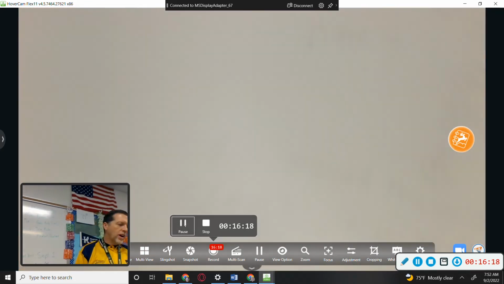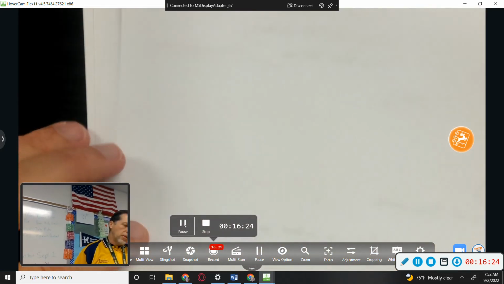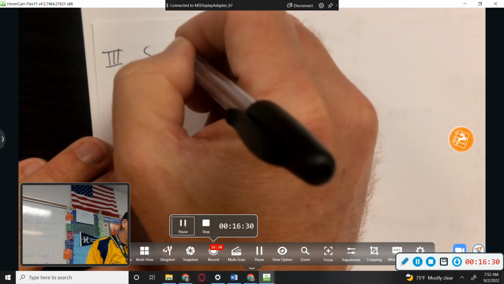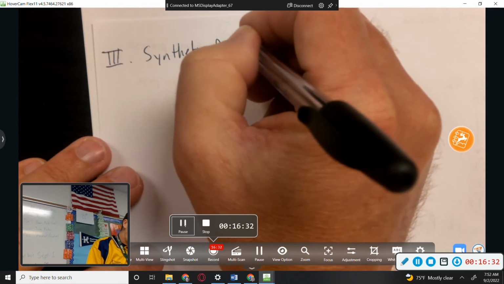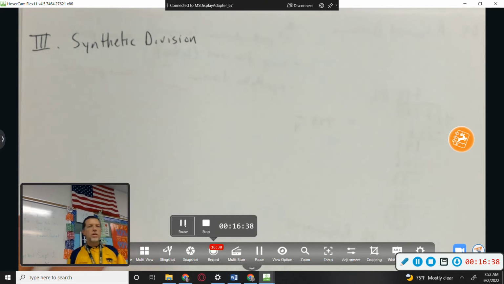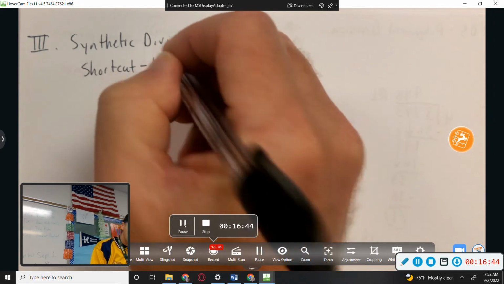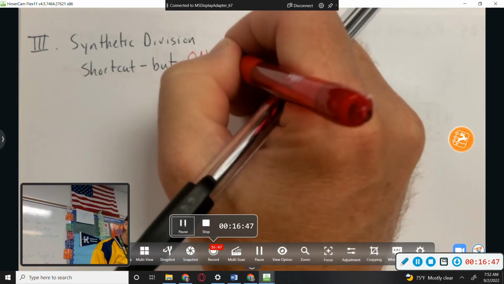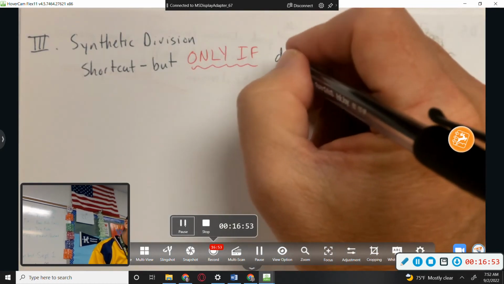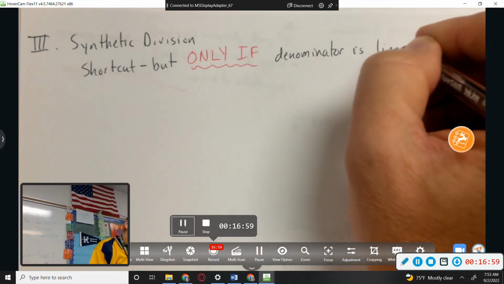Now, there's a shortcut that works sometimes. Roman numeral 3, called synthetic division. It's a shortcut, but only if the denominator is linear.